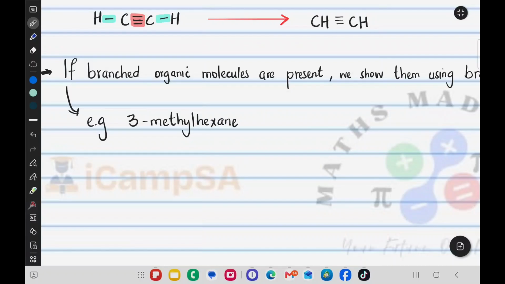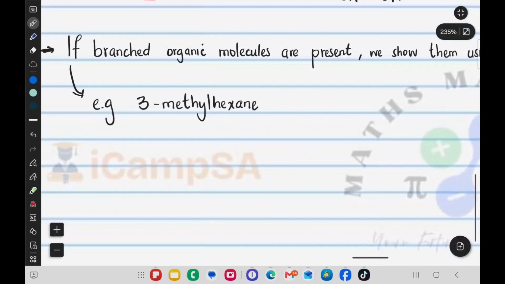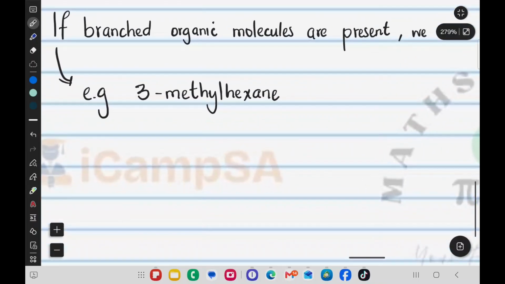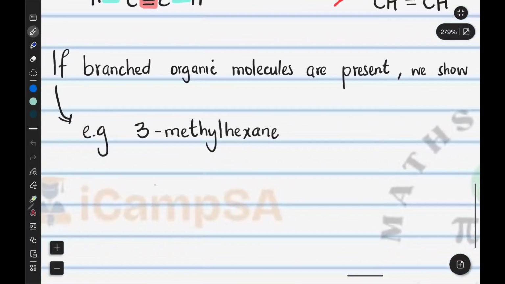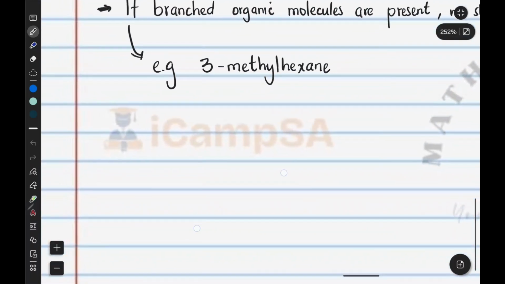So how you would show this is, first of all, it's hexane, so it would mean that it has 6 carbon atoms. And then what this would look like is, we would say C, right?